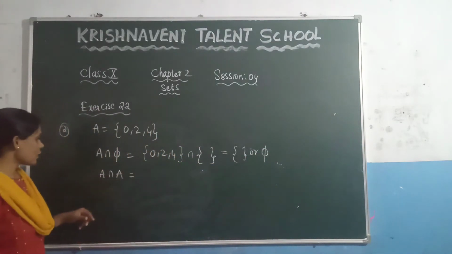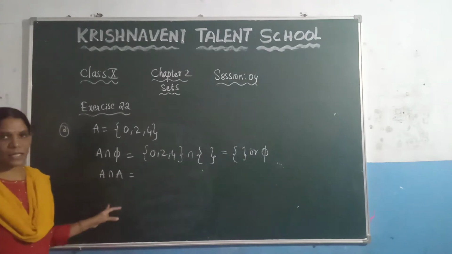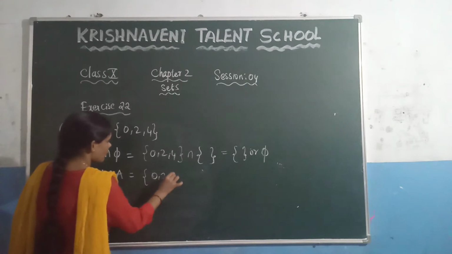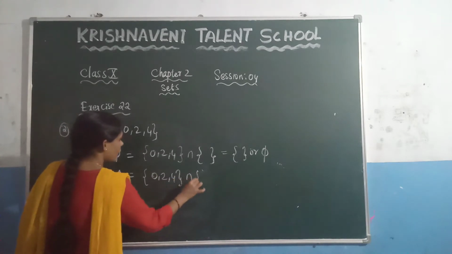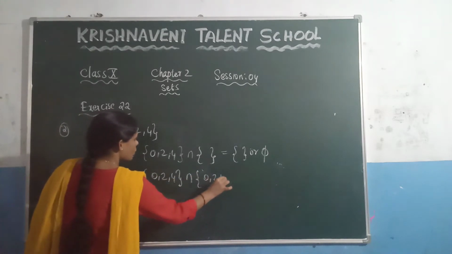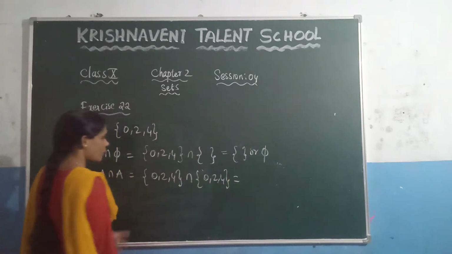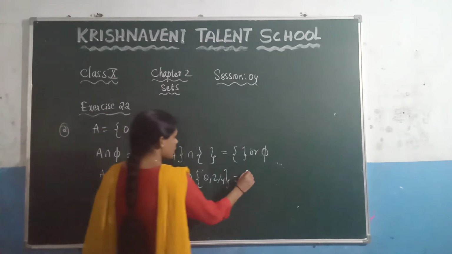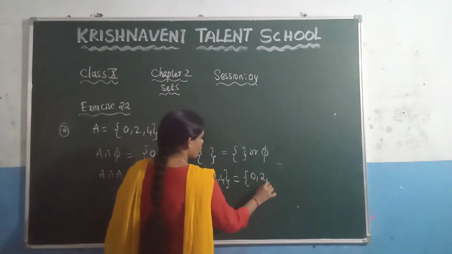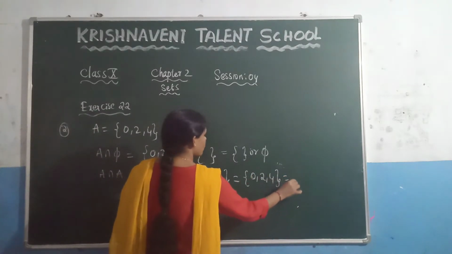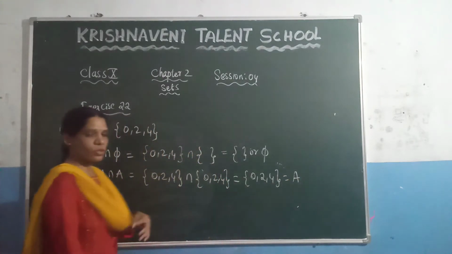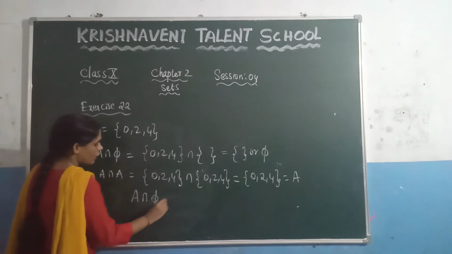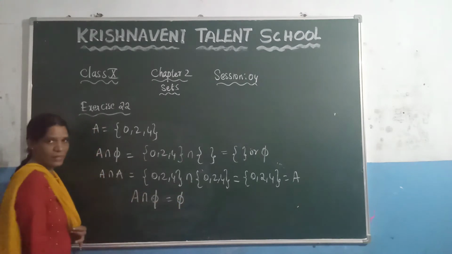And now find the elements that are present in A intersection A. The set A given here is {0, 2, 4}. Intersection again A, you need to write {0, 2, 4}. So the elements that are common in both A and A are {0, 2, 4}, which is nothing but A. So here we can comment that A intersection φ is always equal to φ.